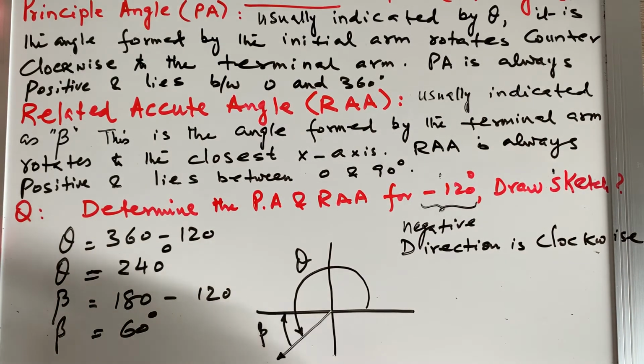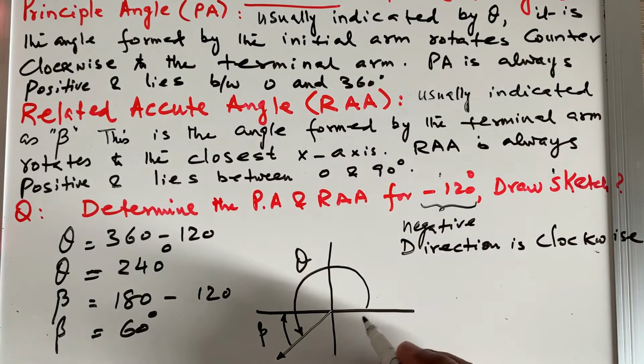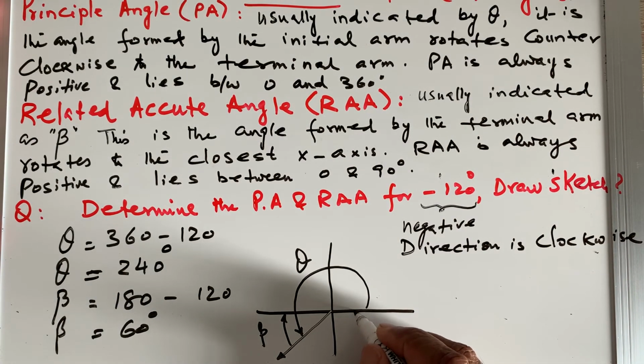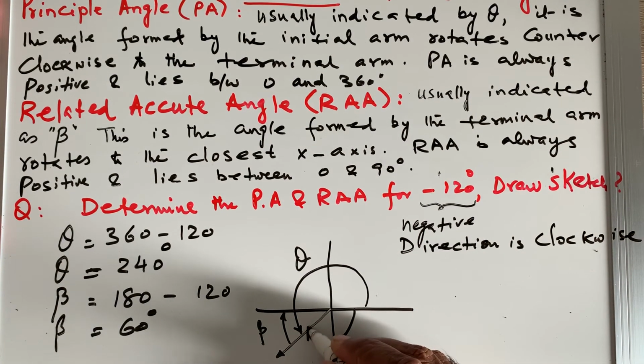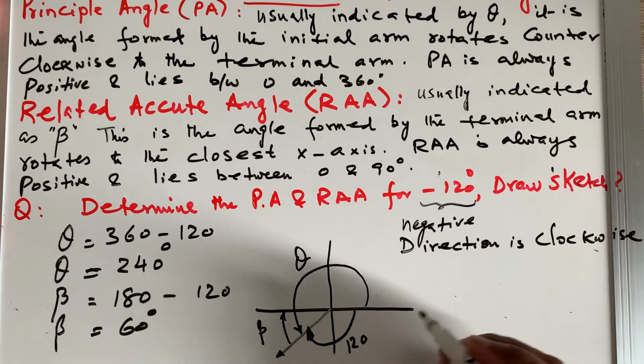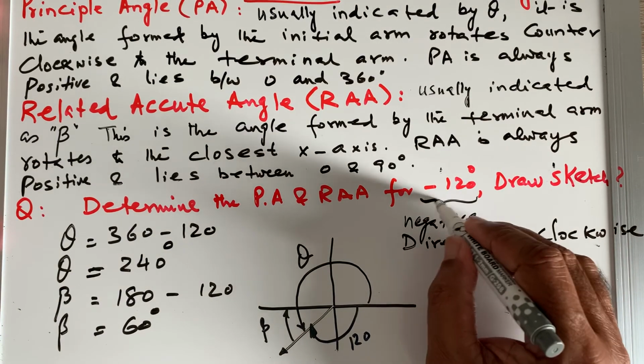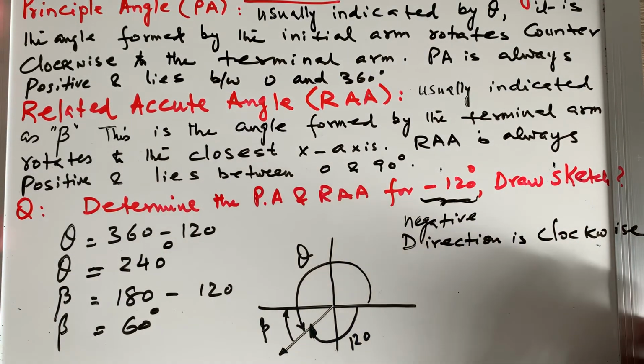So beta is 60 degrees and theta is 240 degrees. If I have to show it in the negative direction, I will say this is my 120, negative 120. That is also true. This is what the question is asking: show the PA and RAA for minus 120 degrees.